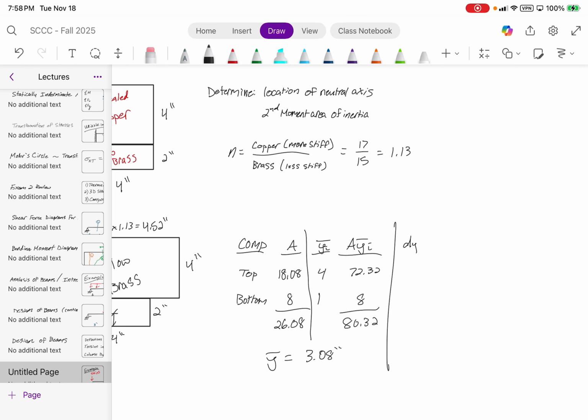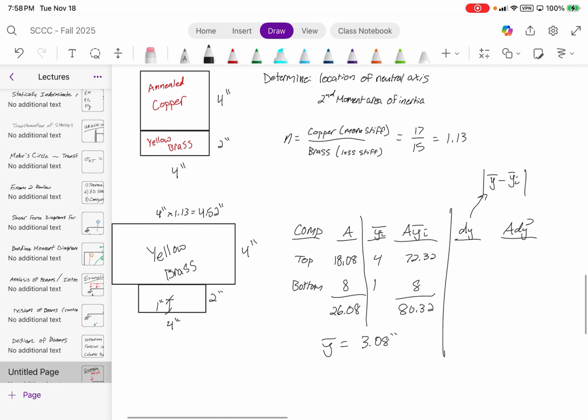Now calculate your dy. dy is just going to be the absolute value of your y bar minus your y bar i, meaning just take the magnitude. Don't worry about if it's negative or positive, because once you throw it into this A dy squared here, the negative's just going to cancel anyways.